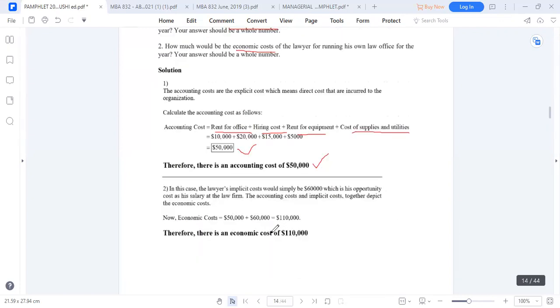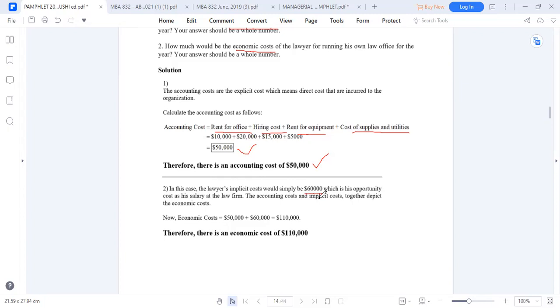Now, he usually was getting what? 60,000. That is implied. So we want to calculate the economic costs. The lawyer's implicit cost will simply be 60,000, which is the opportunity cost for his salary at a law firm.